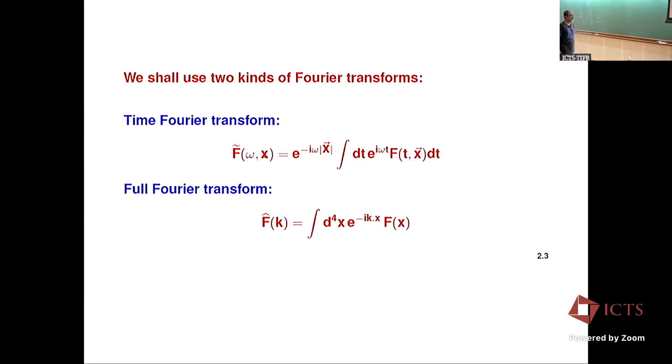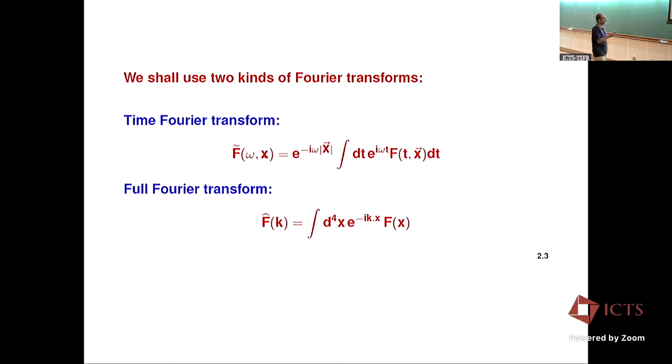So in this analysis, we are going to introduce two kinds of Fourier transforms. Given a function of space-time coordinates t and x, I'll use the symbol tilde to denote Fourier transform with respect to the time variable only, integral dt e to the i omega t, and this factor has been introduced just to ensure that the Fourier transform here is really with respect to retarded time, because to leading order t minus mod x is a retarded time, since this is the time at which the peak of the signal will reach the detector.